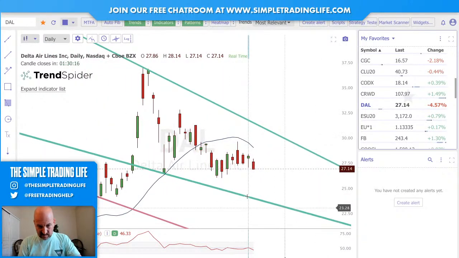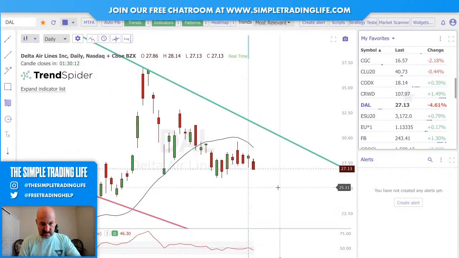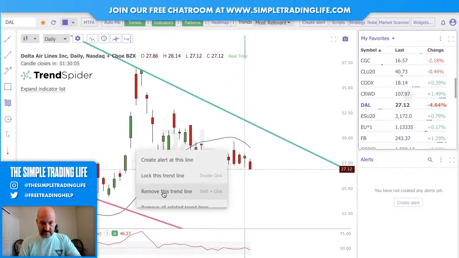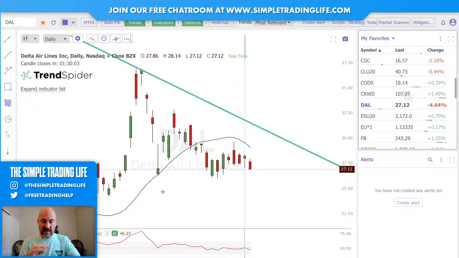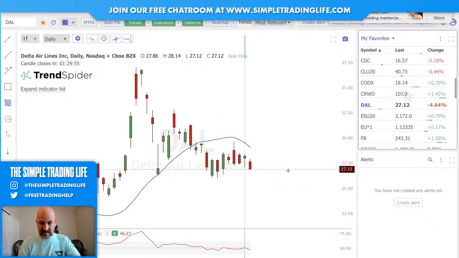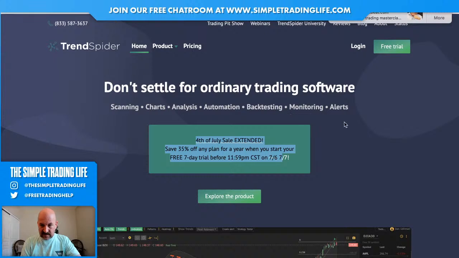All right, now I want to get rid of this. Let's remove this one. These are automatic lines drawn in by TrendSpider, which some of them are really good, and then others, they're all based on mathematical formulas. Some of them I don't really care about. So I'm just getting rid of these for now. All right, let me move this up. Whoop!